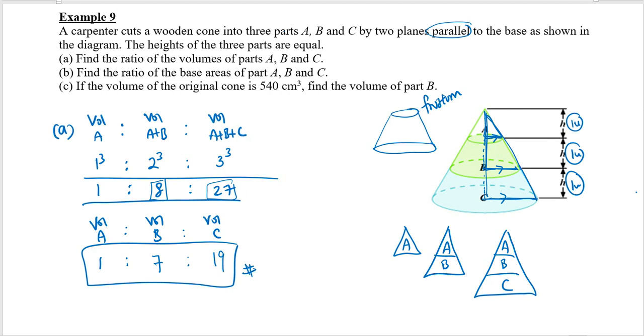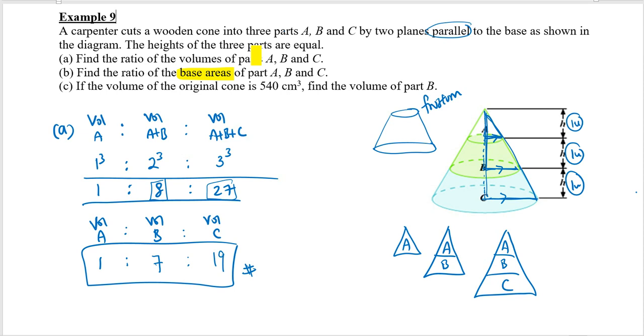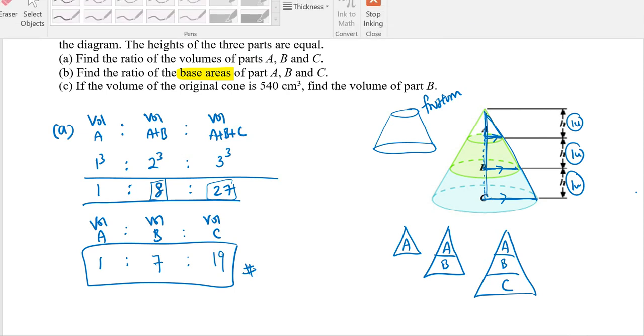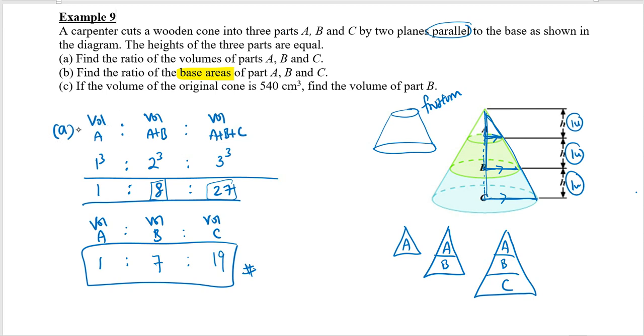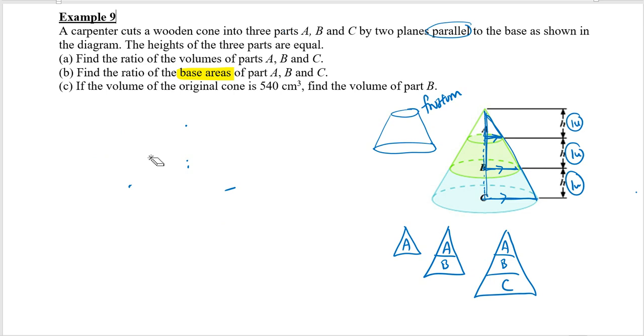Now we will look at part B. Part B is looking for the base area of the three shapes A, B, and C. Okay, so I'm going to erase this to make some space. Now if you look at part B, the base area of A, B, and C, they are really just the circular portions of the cone at the bottom.